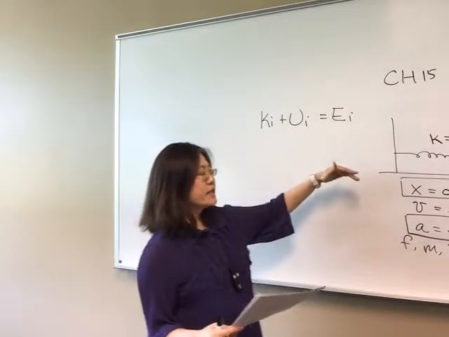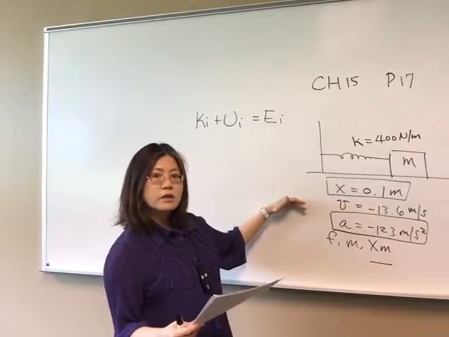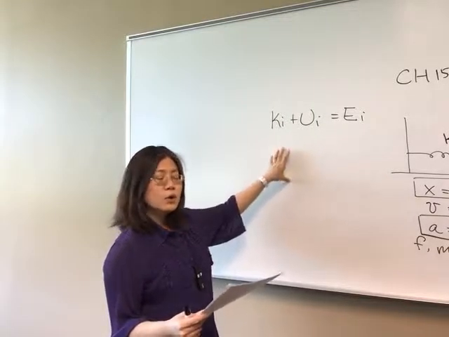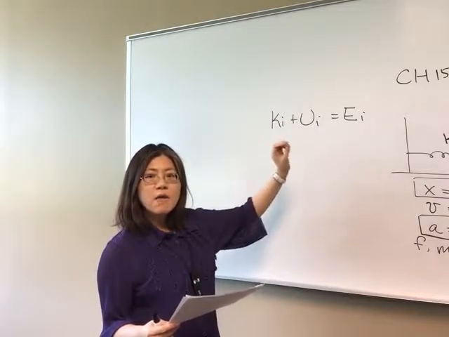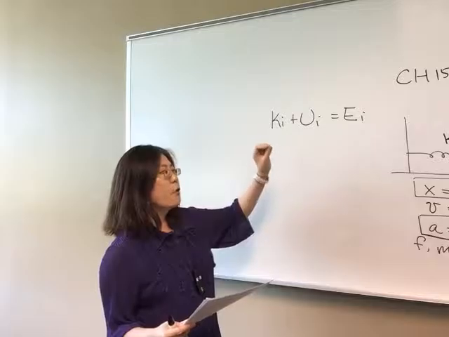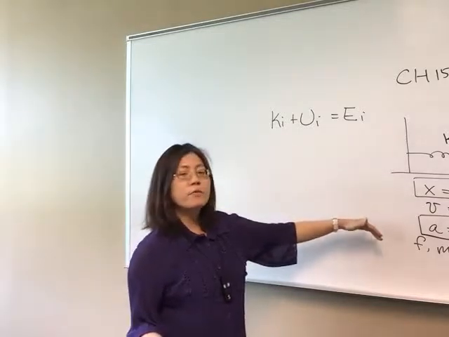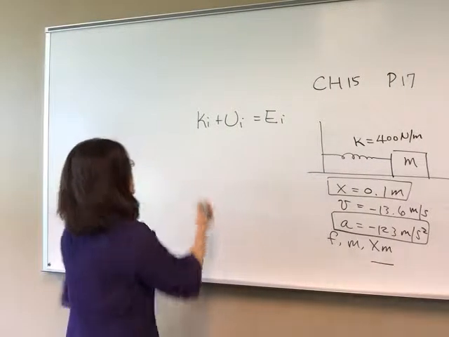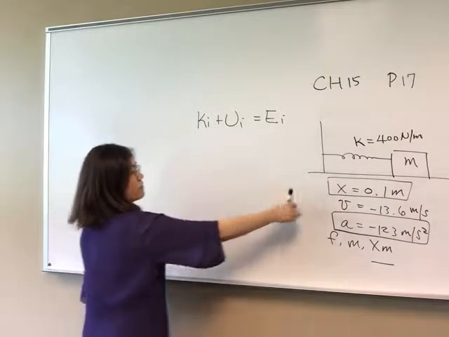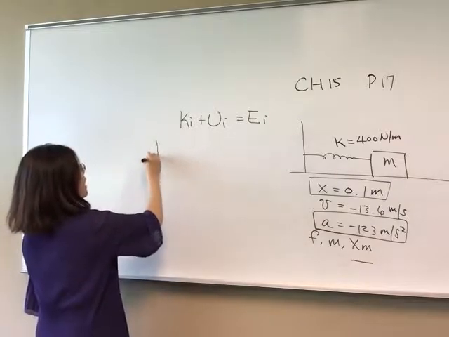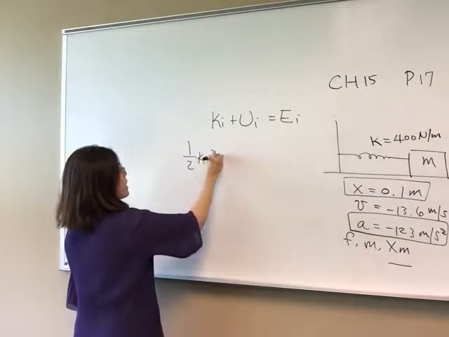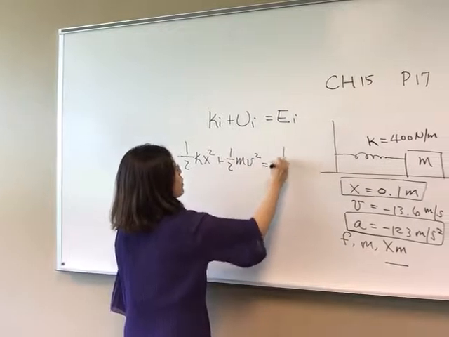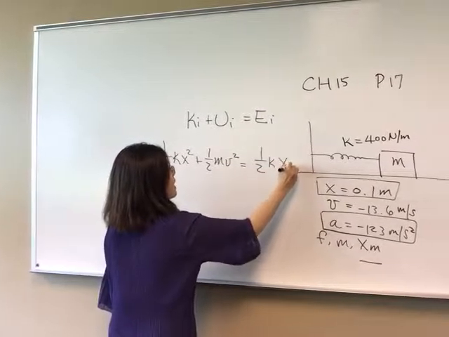We have instantaneous x and instantaneous velocity, so we can calculate the energy at that time, and then set it equal to when all the energy has been converted into spring potential energy. In other words, at this time t, you have 1/2 kx squared plus 1/2 mv squared, and that has to be equal to 1/2 k xm squared.